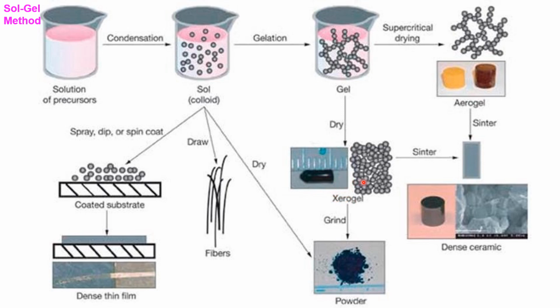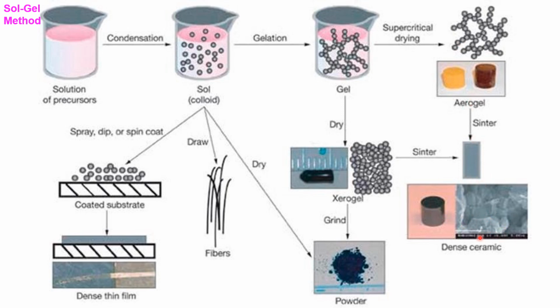It is known as xerogel, and if we again grind and heat it, then we have the fine powders of this material. Similarly, if we have this gel and sinter it and make some disc or any other shape, then we have the dense ceramic using this powder.